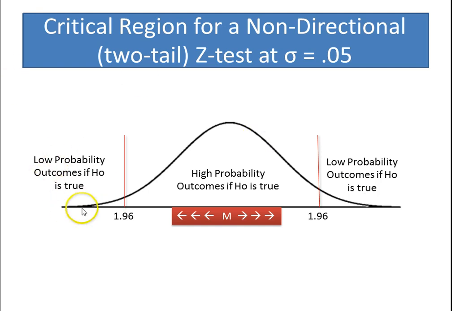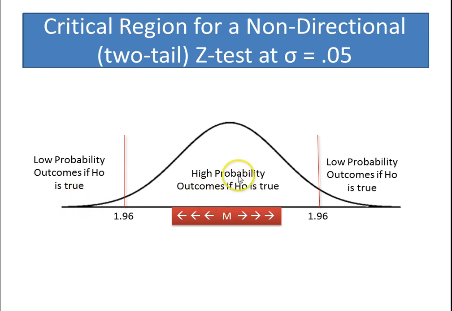And the same if we find an outcome that falls in this critical region, right? There's going to be a very low probability that H0 is true, or a very low probability that the touch did not work if our final outcome lands here.